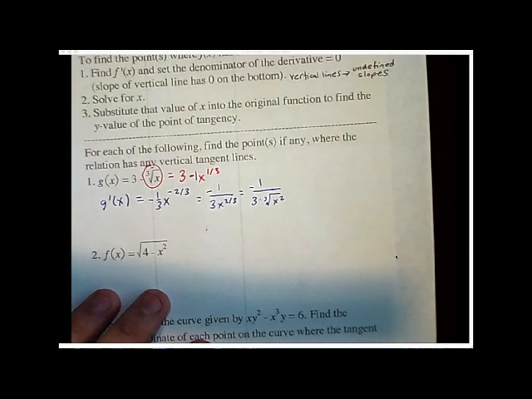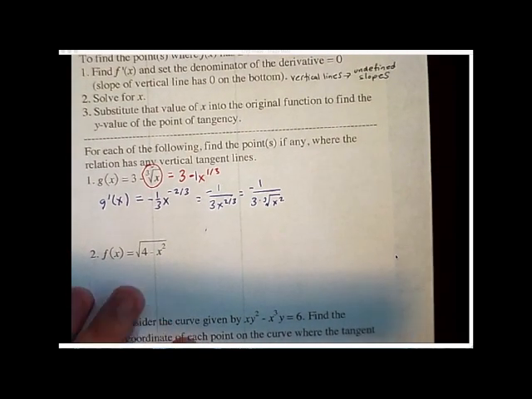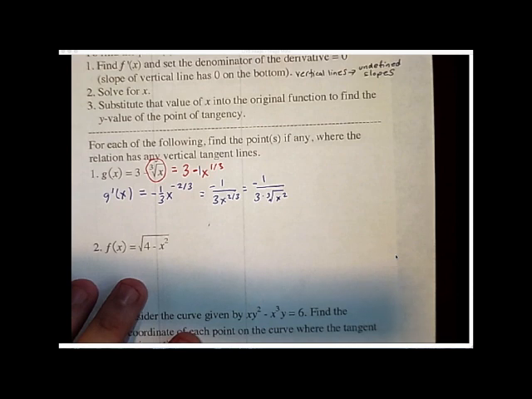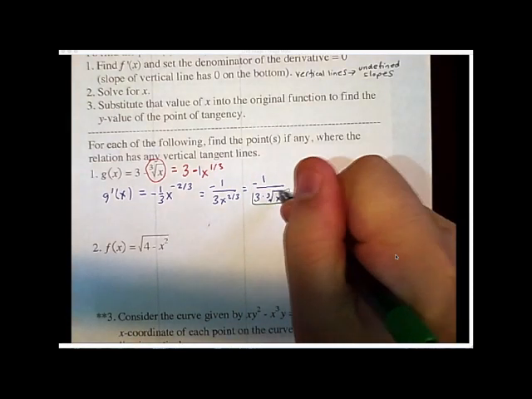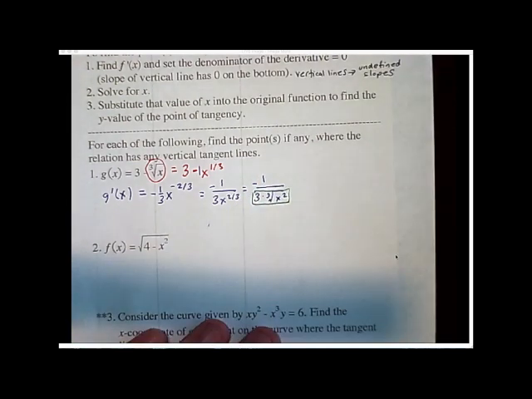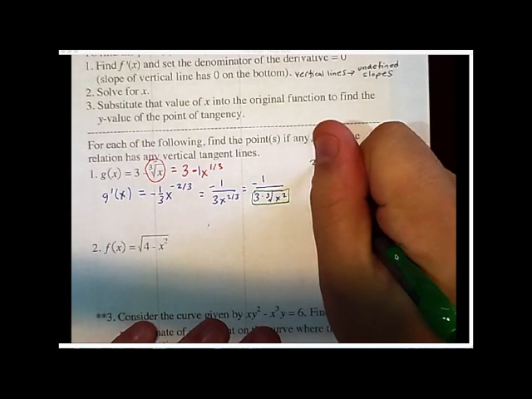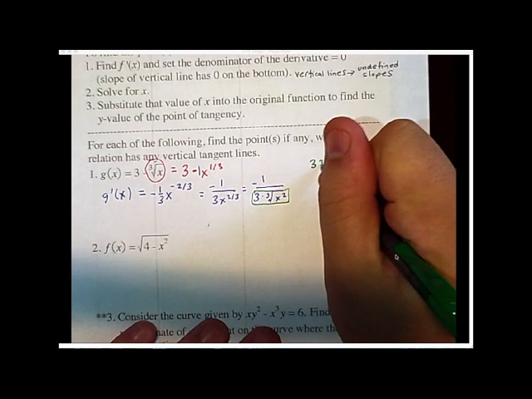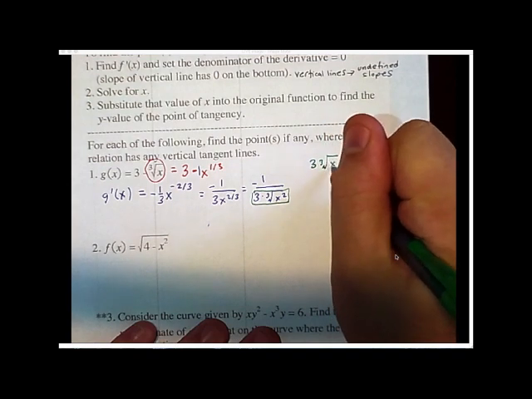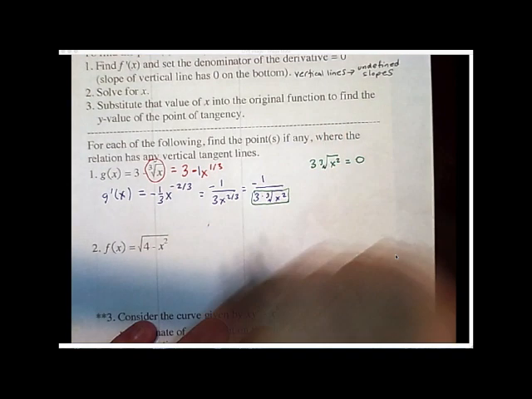So that's the derivative. Based on the notes, you just take the denominator and set the denominator equal to 0. So 3 times the cube root of x squared equals 0.